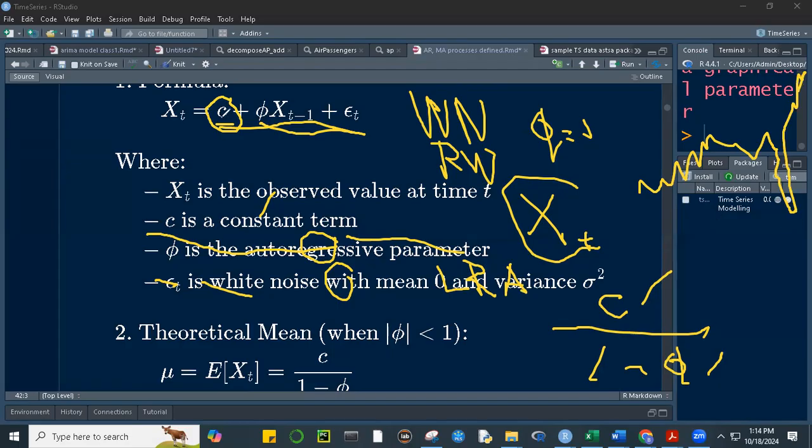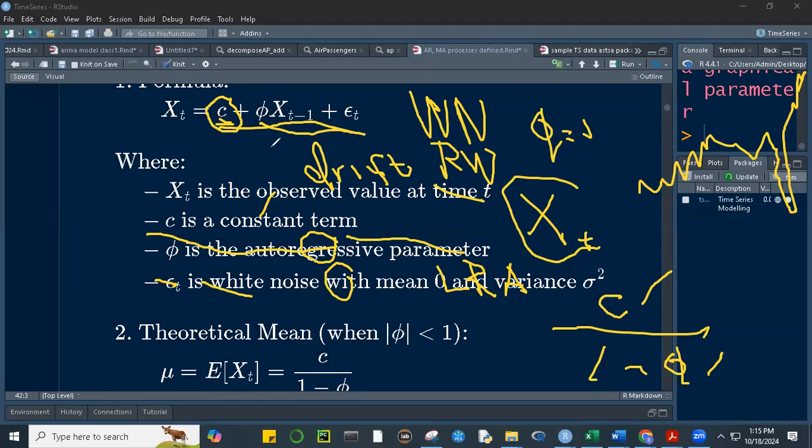Or this can be 0 and it becomes a random walk without drift. Drift, class, drift means to move, to wander aimlessly. Random walk with drift if this is non-zero. Random walk without drift if this is equal to 0.